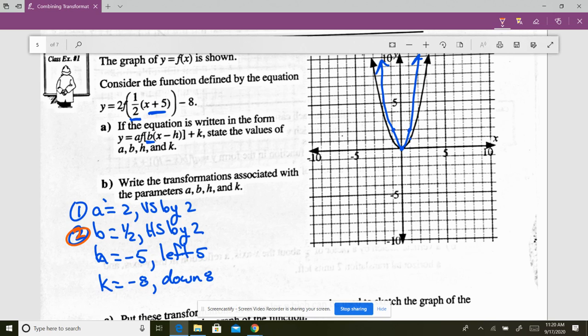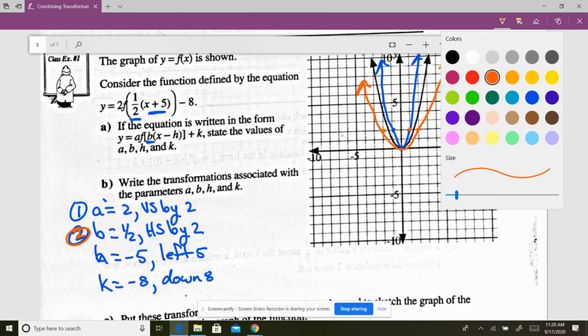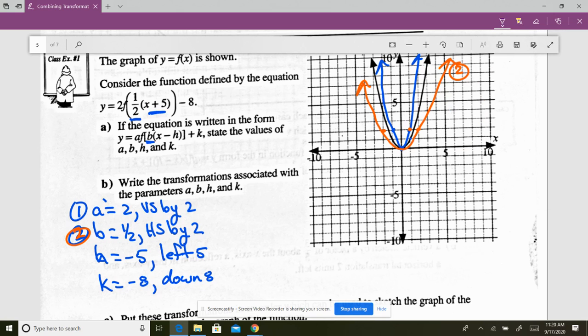Step 2 is horizontal stretch by 2. So now you multiply all the x values by 2. So it's going to pull it apart of the new graph, right? Of this blue one. So this value here is at 1. Now moves to 2. Then the graph gets a little wider. That's step 2. And then these last 2 can be done at the same time, right? We'll just call this step 3.